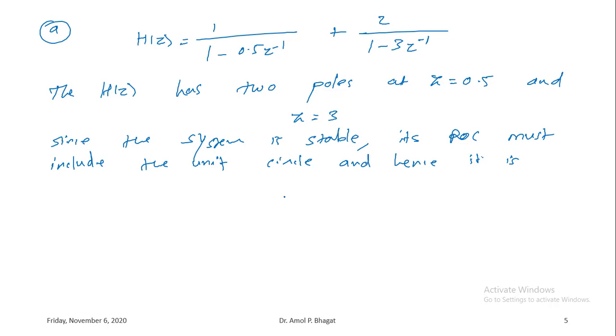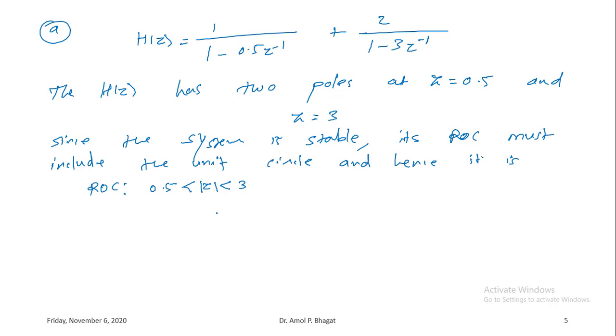As there are two pole values, 0.5 and 3, the ROC should contain the unit circle, so the ROC must be greater than 0.5 but less than 3. So it contains the unit circle, that is the value of Z equal to 1. So here mod Z is greater than 0.5 but less than 3.